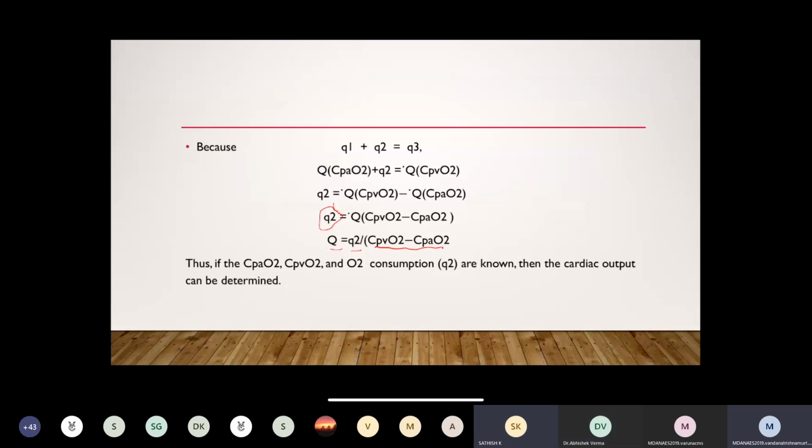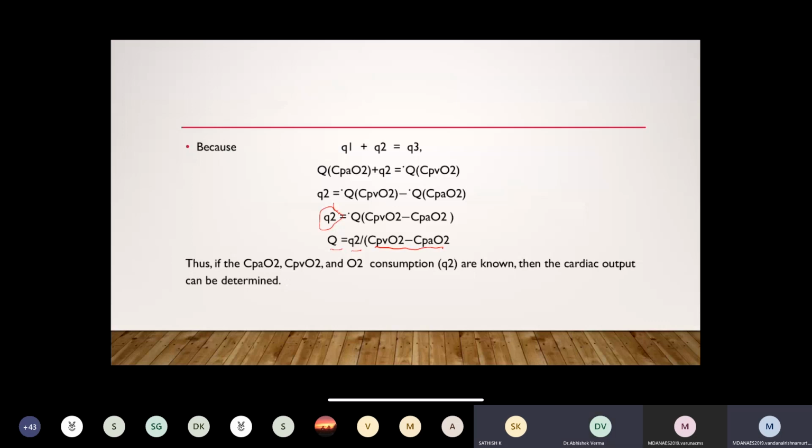According to this, Q1 is Q into pulmonary arterial oxygen content plus Q2 is equal to Q into pulmonary venous arterial oxygen content, sir. So according to this, we can calculate the cardiac output by Q2 divided by the oxygen difference between the two we have measured from the pulmonary artery and pulmonary vein, that is pulmonary venous minus pulmonary arterial oxygen content.